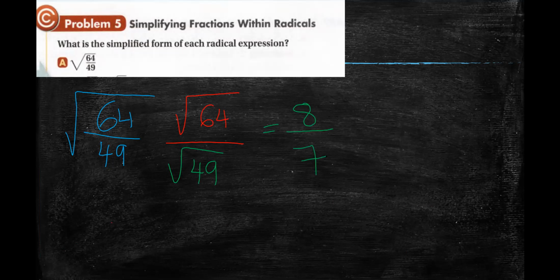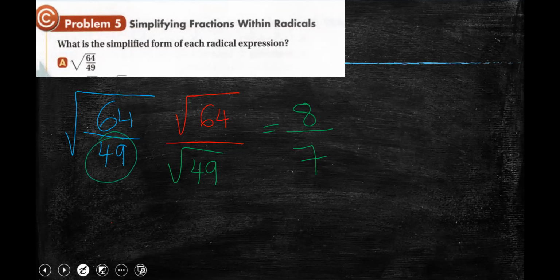So the final answer is 8 over 7. It's the simplest form. So teacher, we only find the square root. Yes, for this one, since the denominator is a perfect square, I just distribute the square root and find the final answer.